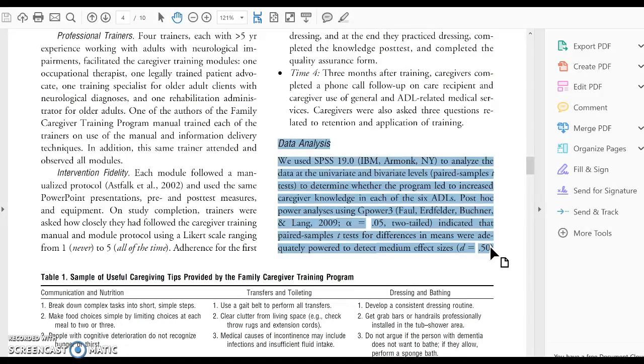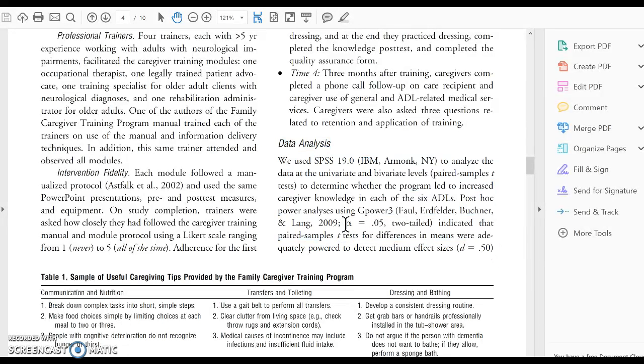Post hoc power analysis using G-Power 3 with an alpha level of 0.05 two-tailed indicated that paired samples t-test for differences in means were adequately powered to detect effect sizes D equals 0.50.